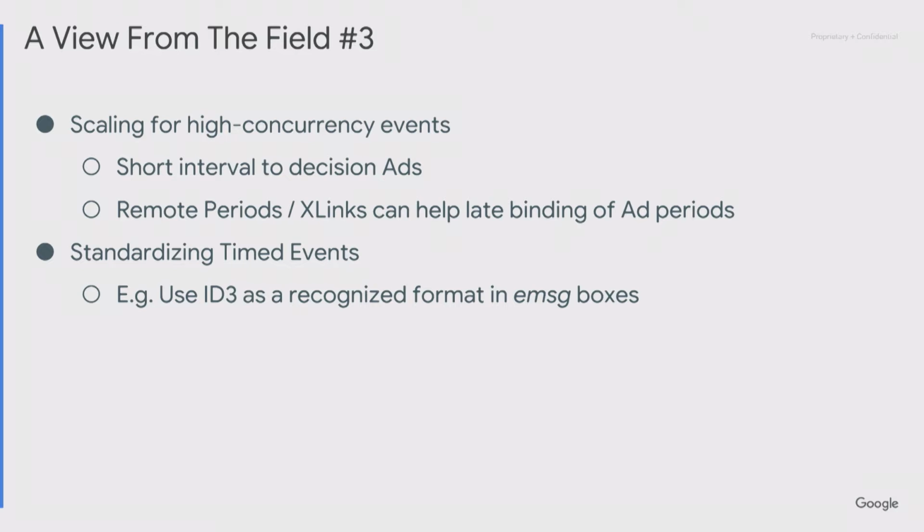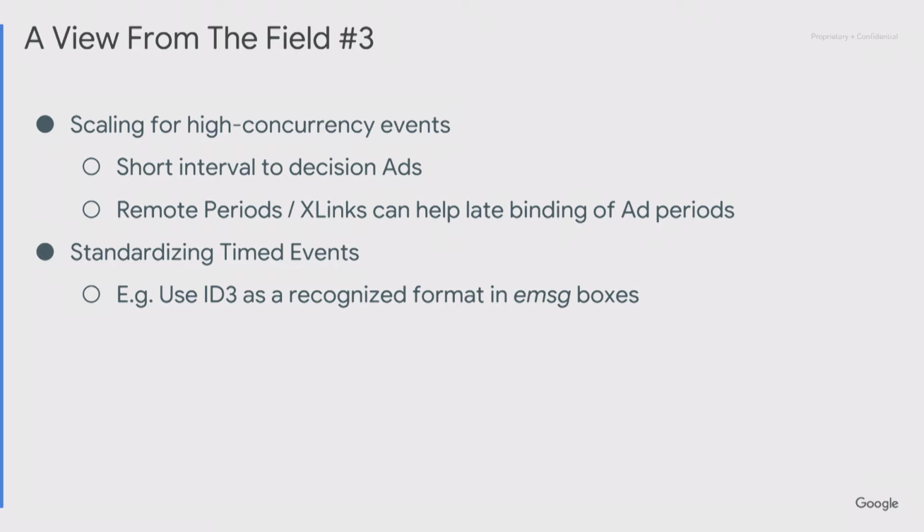Because we only have a few seconds when an ad break actually occurs, and you have a multi-million concurrent event, you see this giant spike of ad requests being sent to the ad servers. That's generally because we don't have enough time, so we have to send all these requests as fast as we can to see if we can get any ads back.